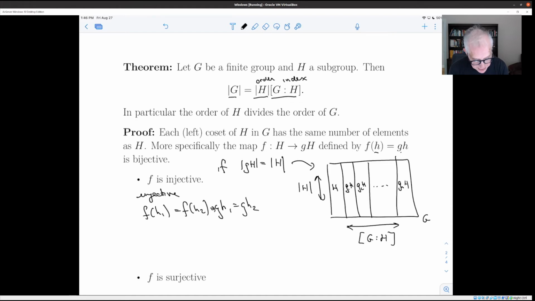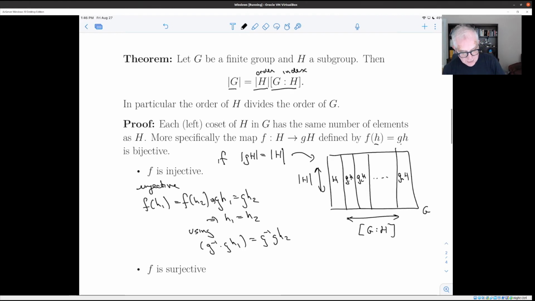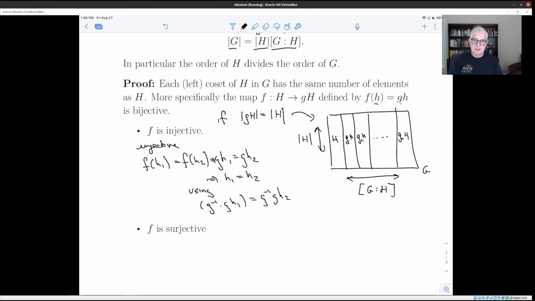We cancel on the left. And that tells us that h1 equals h2, using g inverse gh1 equals g inverse gh2. So that tells you that it's injective, because if f of h1 equals f of h2, then h1 equals h2.